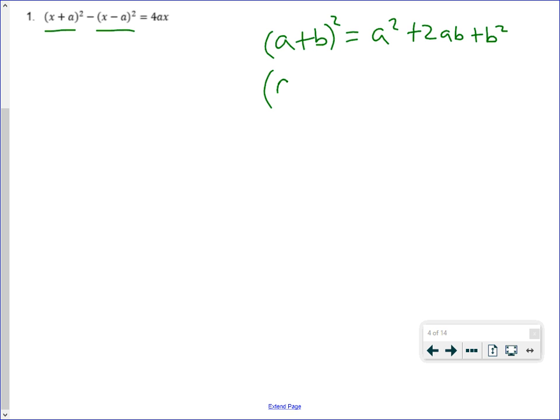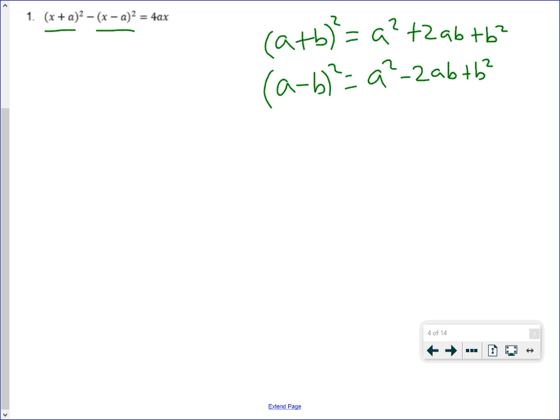At the same time, (a − b)² equals a² − 2ab + b². These are our two perfect square trinomials. It's what we learned in module 6.5. And we can use these to help us FOIL (x + a)² and (x − a)² much quicker. You don't have to use these if you don't have them memorized, but they are extremely helpful, and it will help us in the next section.